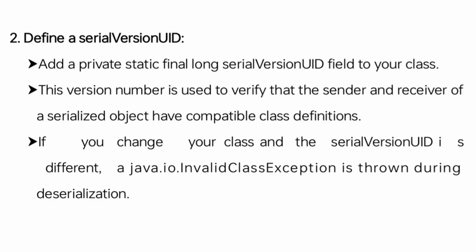If we change our class and the serialVersionUID is different, a java.io.InvalidClassException is thrown during deserialization. If our original serialVersionUID and the one we put are not the same, this exception occurs.